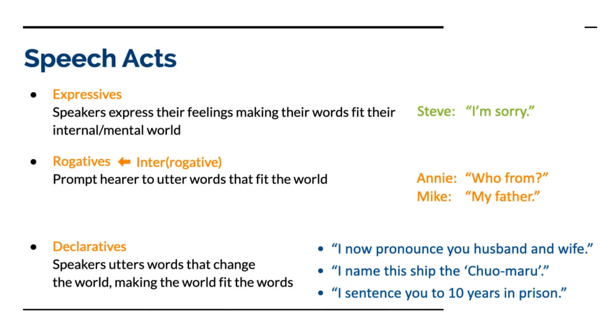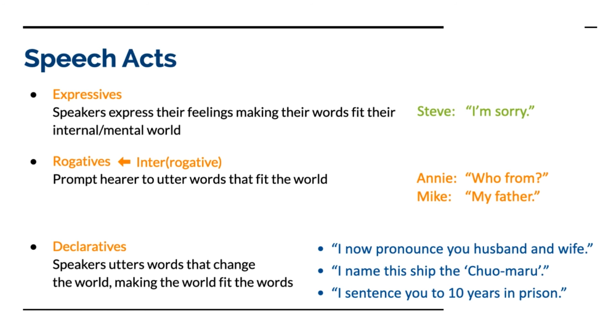Or if someone has been found guilty in a legal trial of a criminal offense, and then the judge has to decide what the penalty is, the judge may say, "I sentence you to 10 years in prison." Well, before the judge says this utterance, the criminal has not yet received a prison sentence.